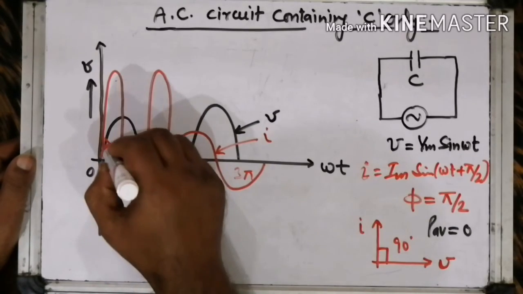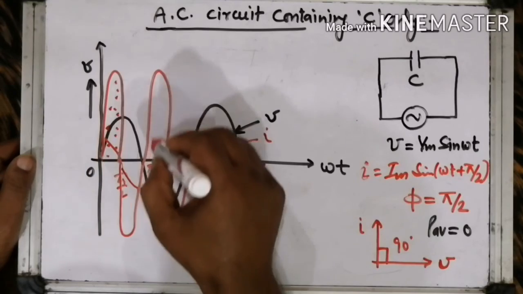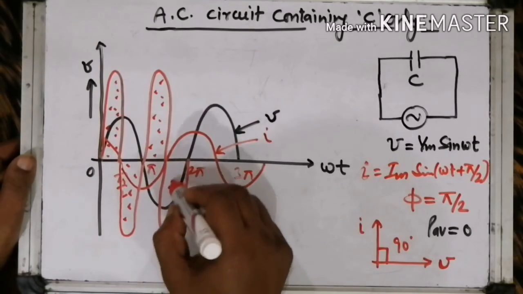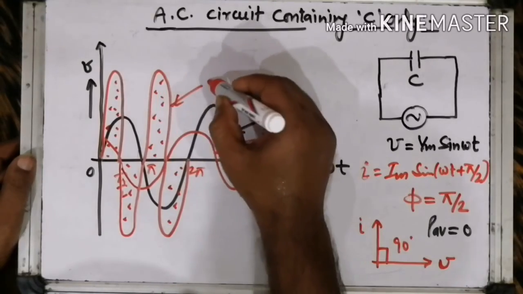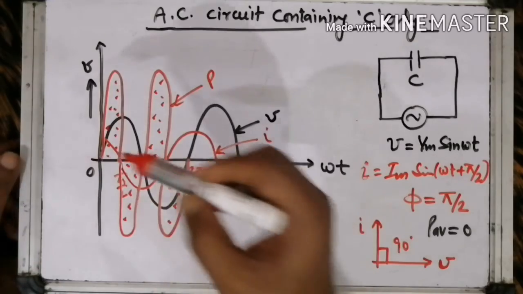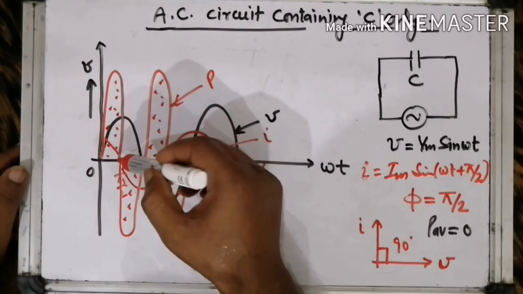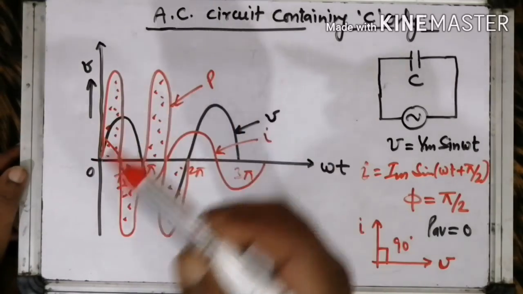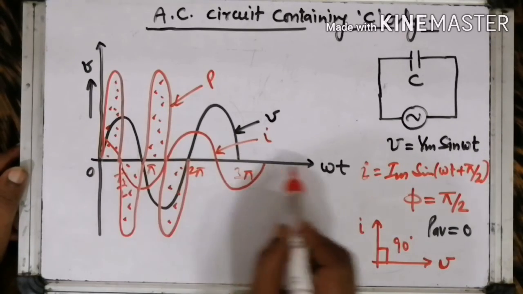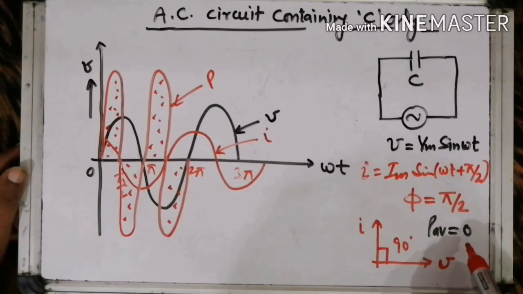This is the waveform for power. See the waveform of the power very carefully. This half portion of the power lies in the positive part and this portion in the negative part. So the average power is 0.